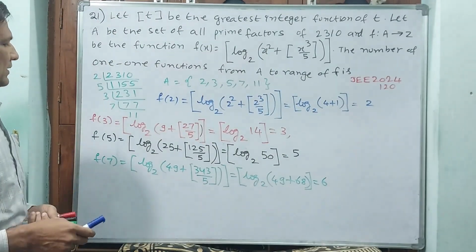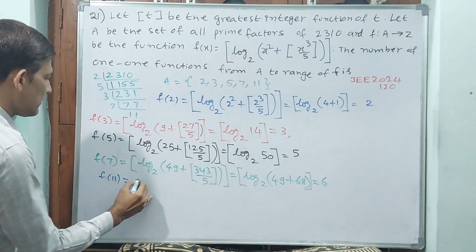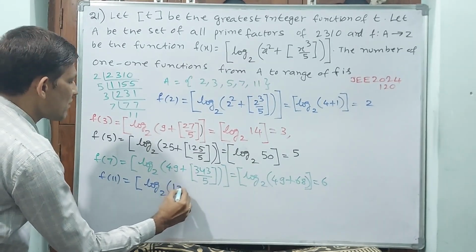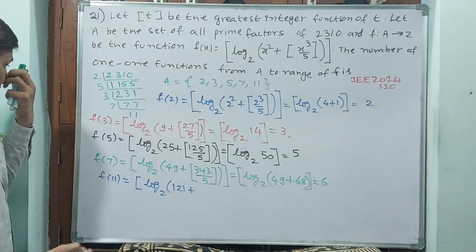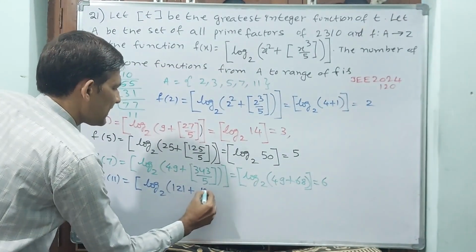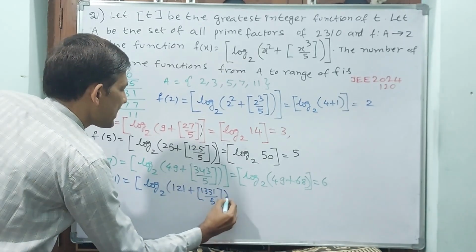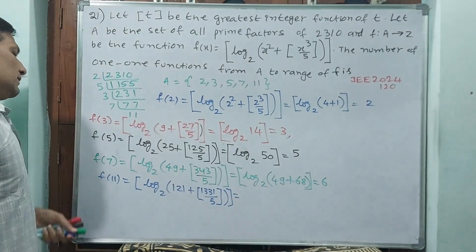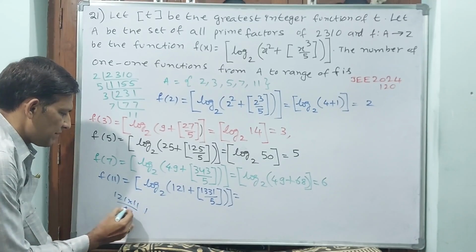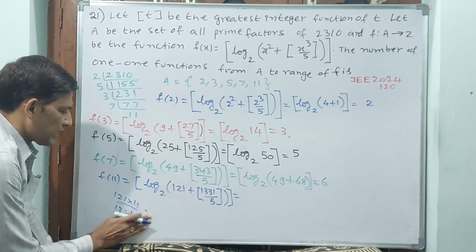Now go for the last one. F of 11. Greatest integer of log to the base 2 of 11 square 121 plus 11 cube 1331 by 5. This is greatest integer, close parenthesis, again greatest integer. Okay, 121 into 11. 11 ones are 11, 11 twos are 22 plus 1, 23. 11 ones are 11 plus 2, 13. 1331, correct.